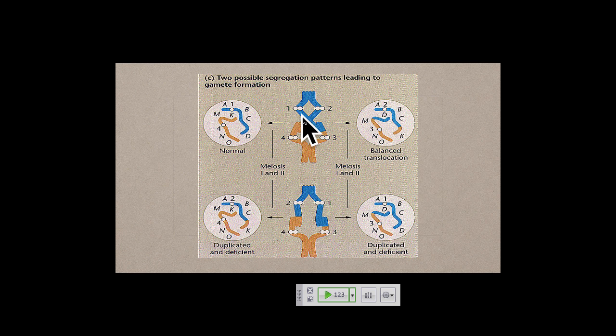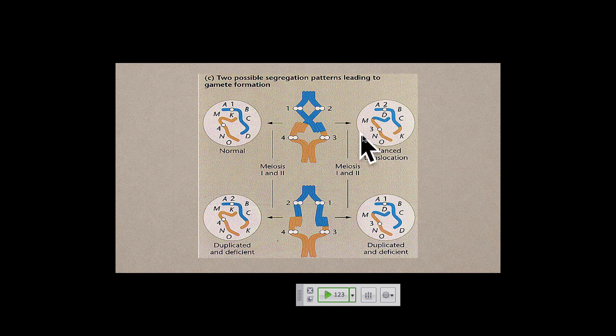If you line up so that, arbitrarily, chromosomes 1 and 2 are the blue homologs, 3 and 4 are the brown homologs, and they pair up this way, then when they segregate you get chromosomes 1 and 4 over here: the two full normal chromosomes, where the translocations are gone.